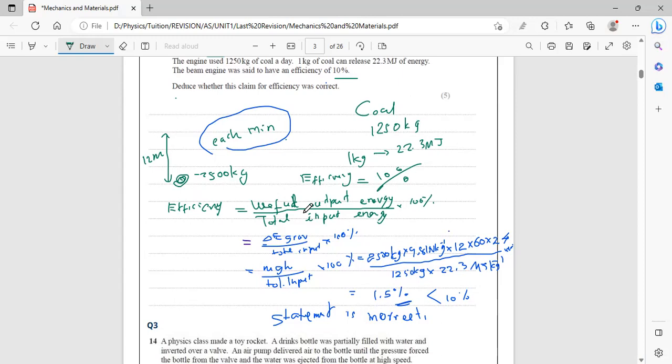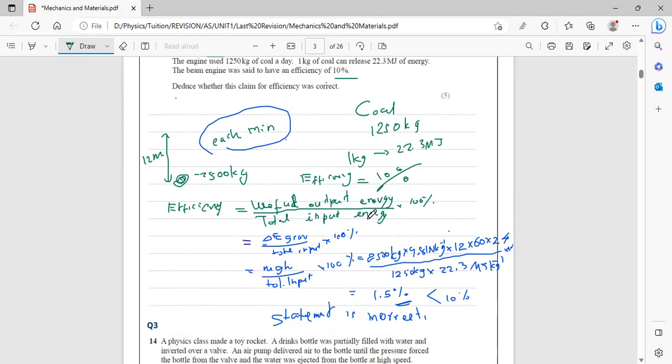Because the amount of energy used depends on the time that you spent, right? The amount of energy that you spent per minute, per second, per hour, a day would vary, right? So useful energy is given per minute. Energy input is given per kilogram and per a day, right?